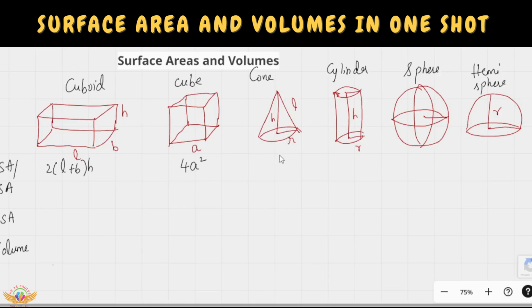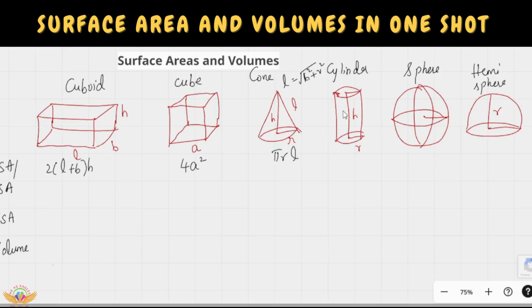And coming to the cone, it is pi r into L. So what is L? L is the slant height, and if you take this as the right angle triangle, it can be derived by the Pythagoras theorem. So L is equal to root of h square plus r square. Done.